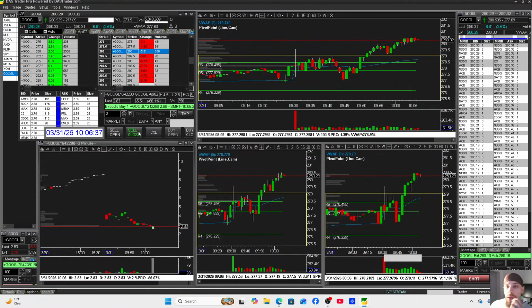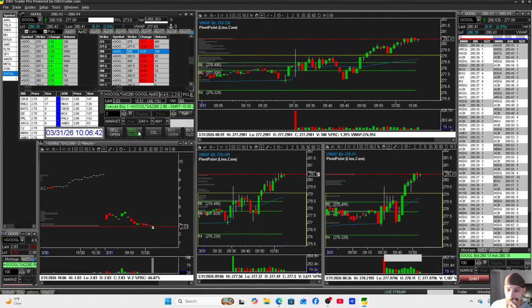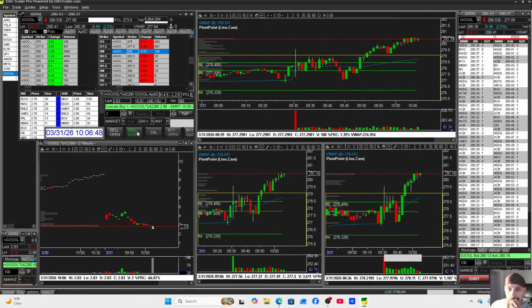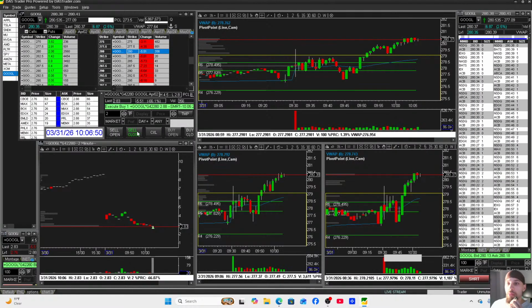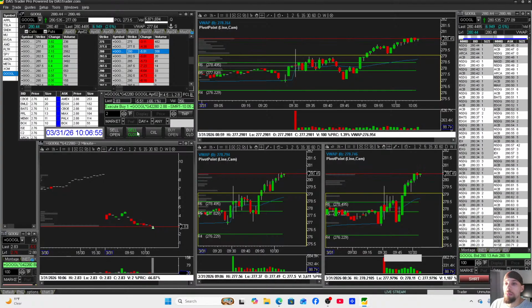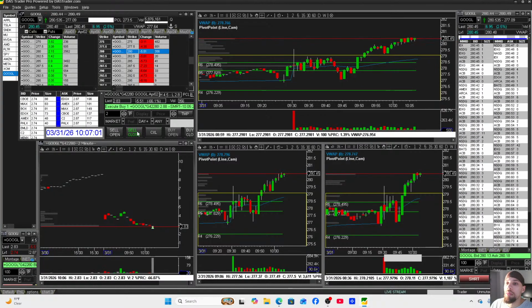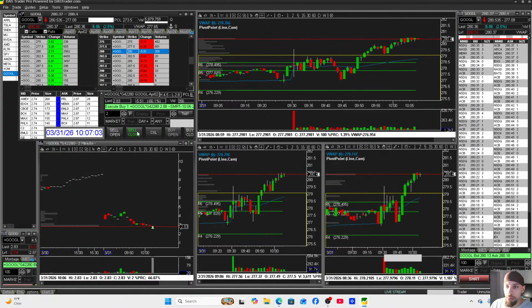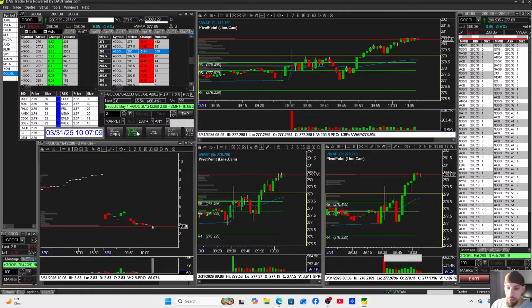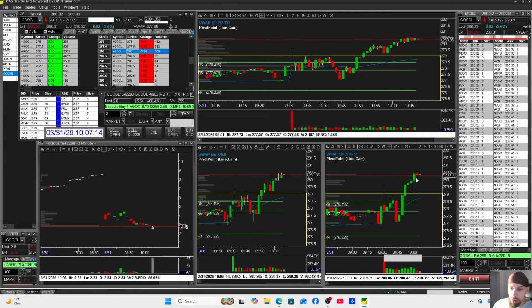Can we get a pullback? This 3-minute candle is more bullish than bearish.